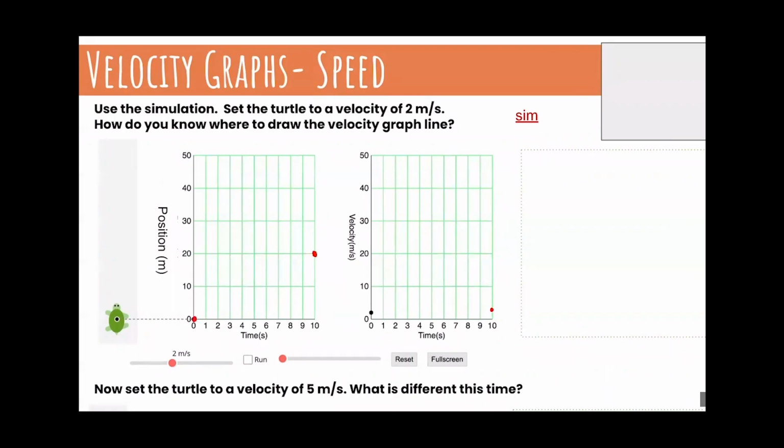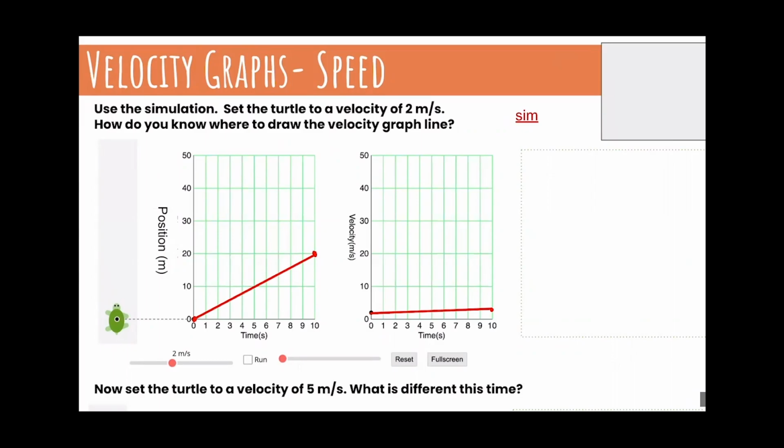So when we draw our line, it started at 0 and ended at 20 meters. And then for the velocity, the turtle's speed of 2 meters per second stayed exactly the same the whole way through. Now my line might be a little bit off, but that's okay.